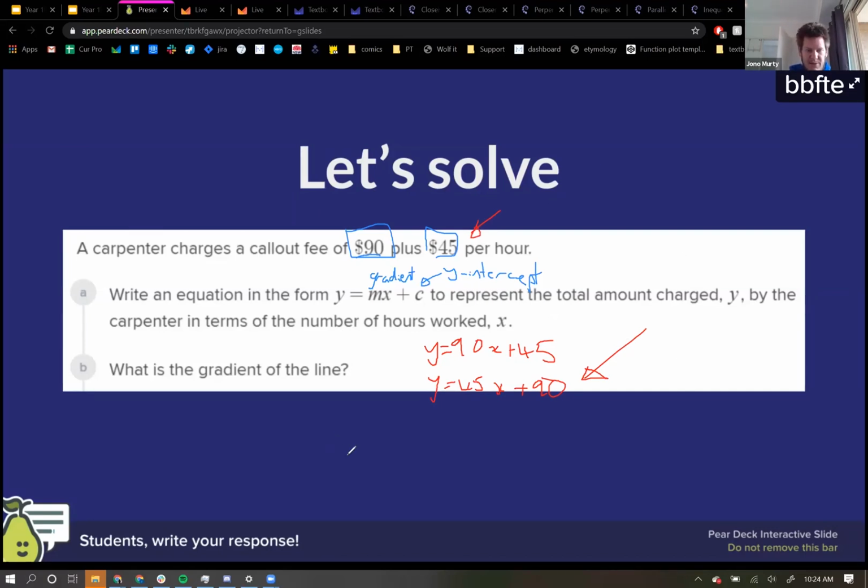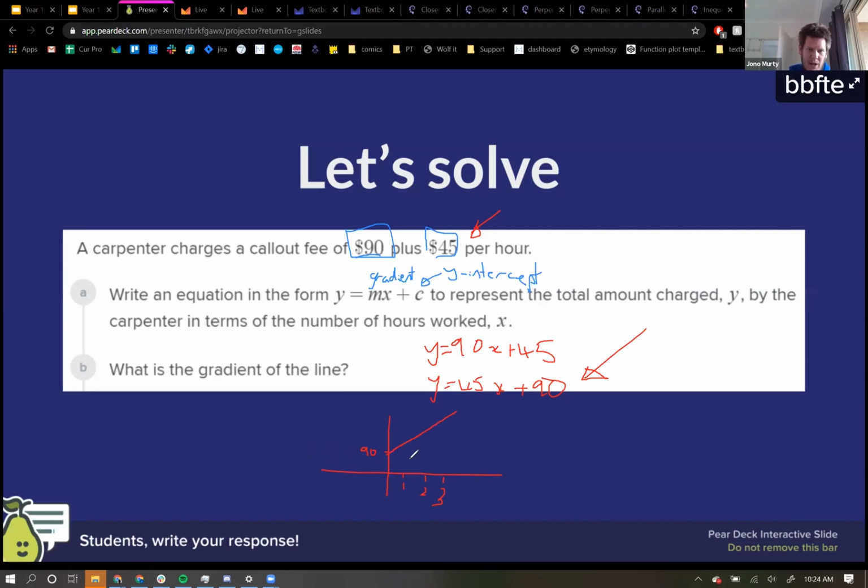So if we were to graph this, the call-out fee is $90. So we'd have our y-intercept here at 90, and we know that after every hour, it's going up by $45. I'm not going to draw this to scale.